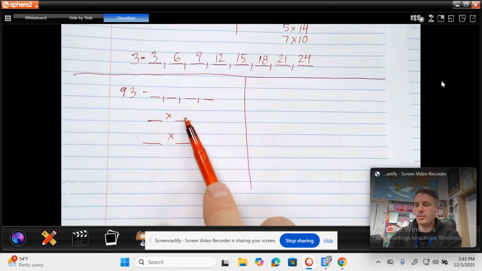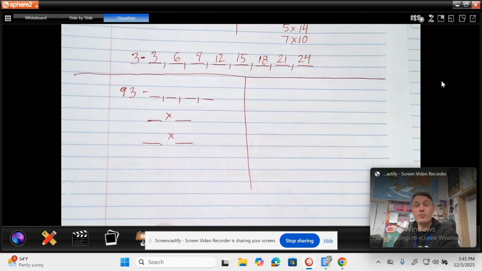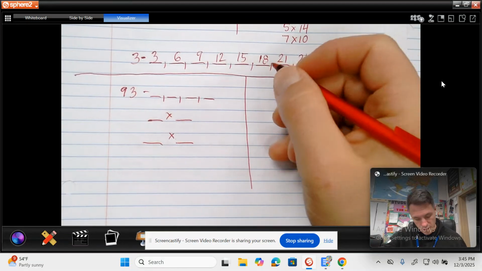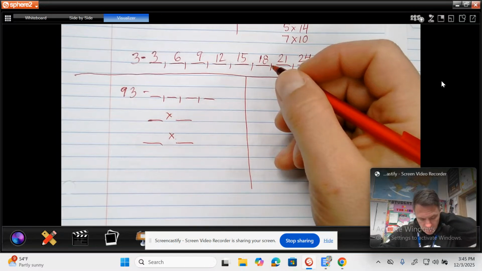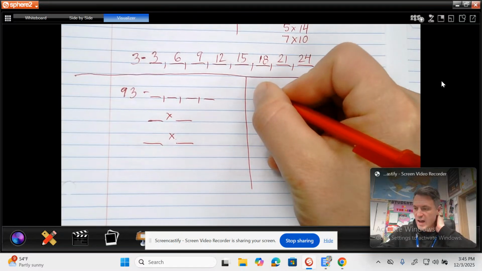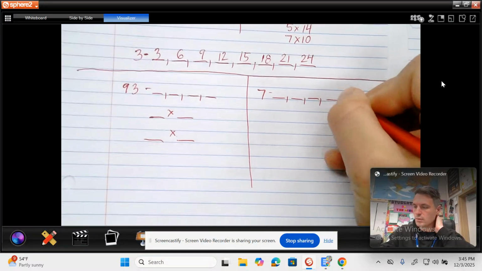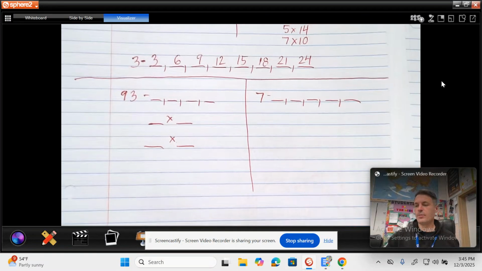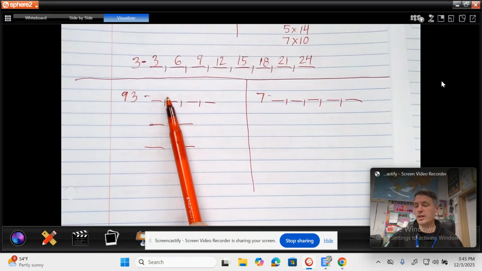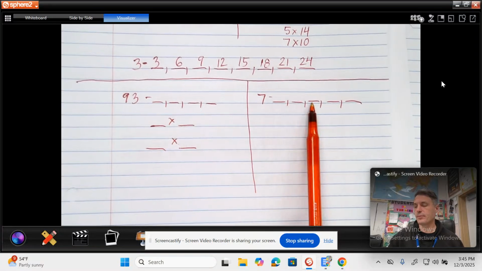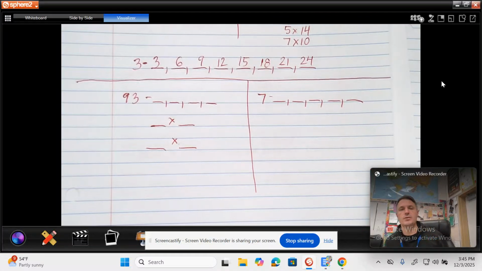So it's going to be something times something, something times something. And if you've been paying attention, you already know what 2 of them are, because 2 numbers are the factors of every number in the entire world. Okay, and the other thing is I want you to then also list the first 5 multiples of 7. Okay, so go ahead, pause the video, fill in all of these blanks, and then press play on the video and see if you got it correct.